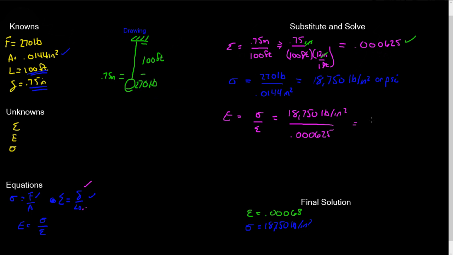And I'm going to use the full one, not rounded, just to make it a little more accurate. Coming back into my calculator, I can now divide my last number by 0.000625. And what I end up with is 30 times 10 to the 6th PSI. So that's my PSI right there. So there you have your E factor, or your modulus of elasticity. 30 times 10 to the 6th PSI.